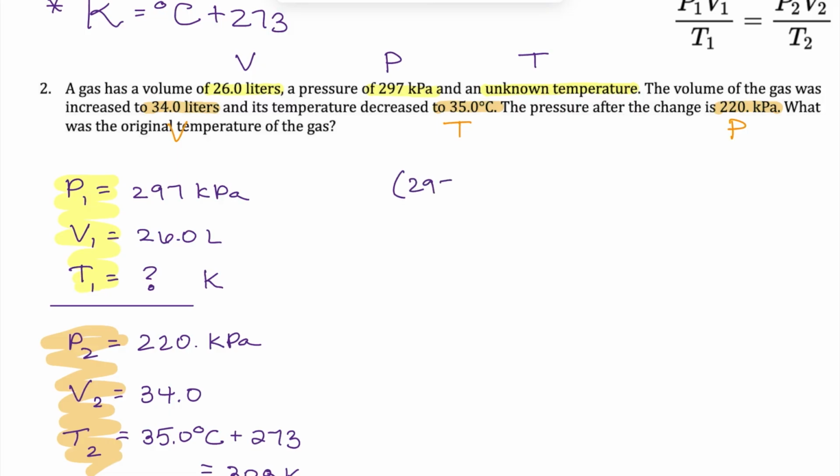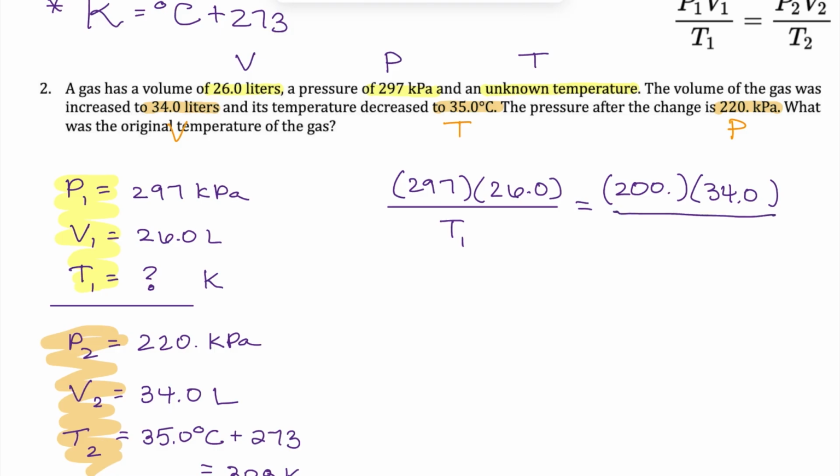Now I can take that and plug everything in to my formula in those appropriate spots. So 297 times 26.0 divided by, I'm looking for T1. You can use T1, or if you'd prefer to write a variable. And then we've got equals 220 times 34, and this is liters, divided by our temperature in Kelvin, that 308.